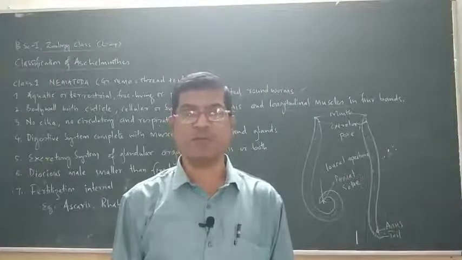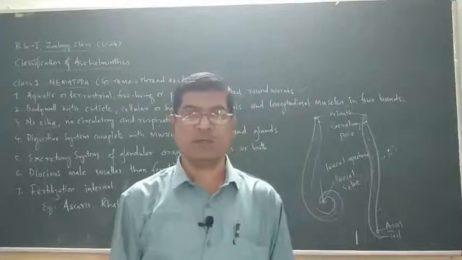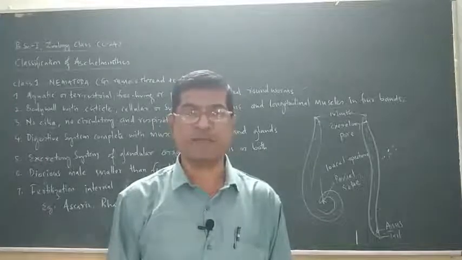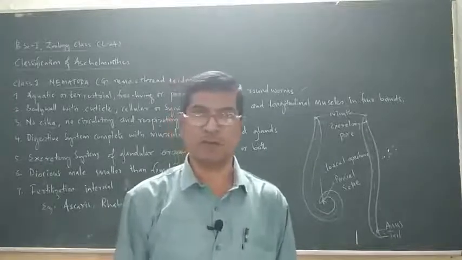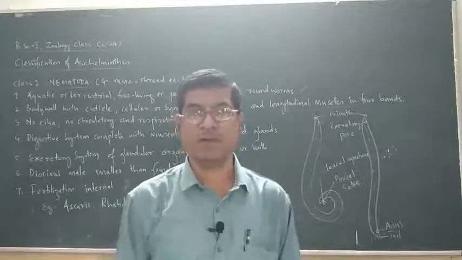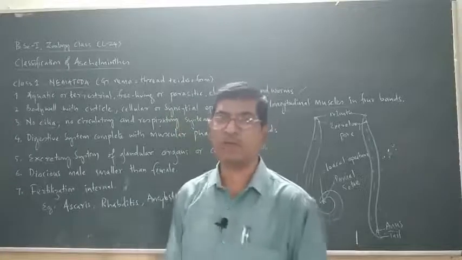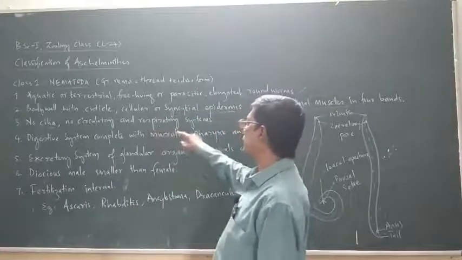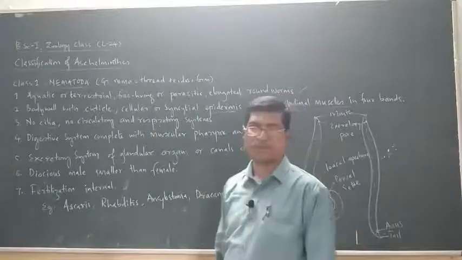There they need not move. For locomotion purposes, cilia are required. Parasitic forms need not move on their own. They are present inside the body of their host. Therefore, they don't have cilia.